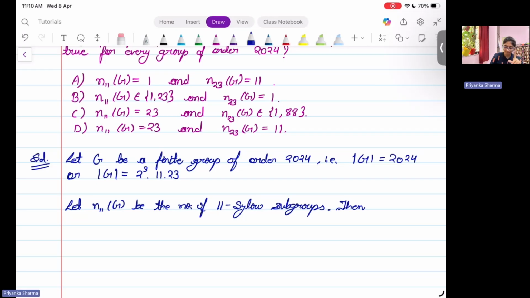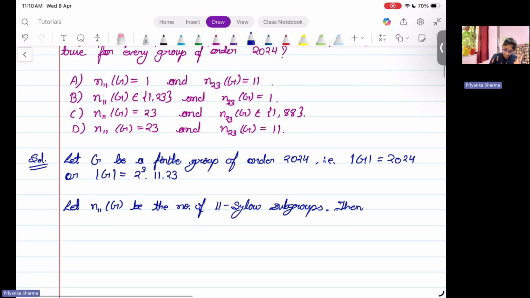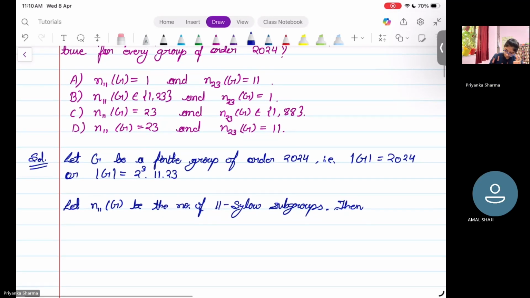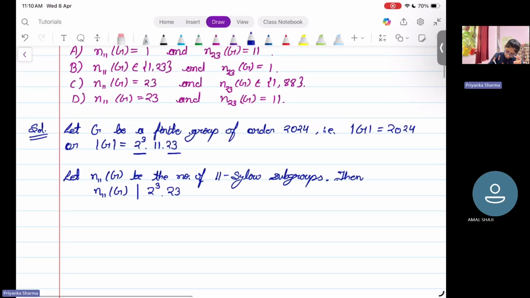Then we will use the first and third Sylow theorems here, and we will get that N11G divides the remaining part, that is 2 to the power 3 into 23. And N11G is congruent to 1 modulo 11.